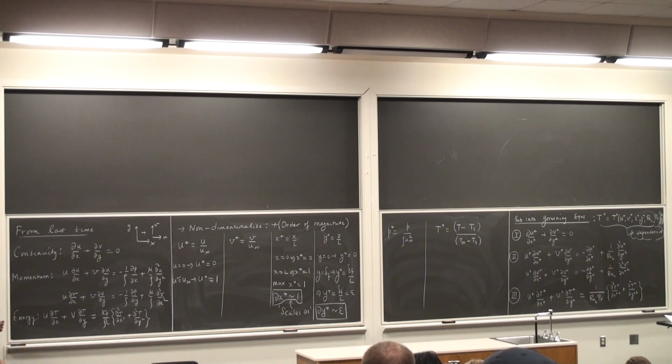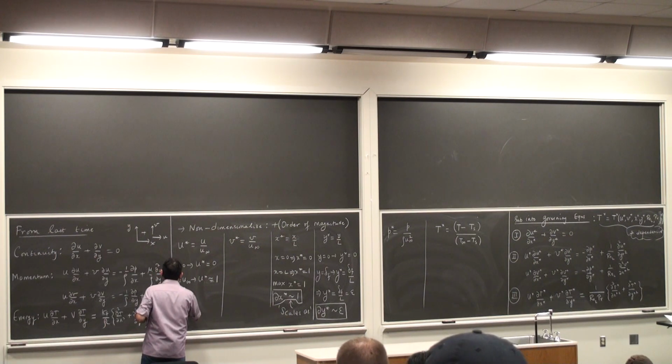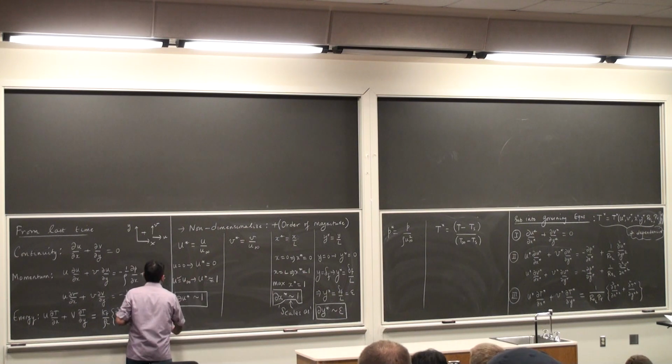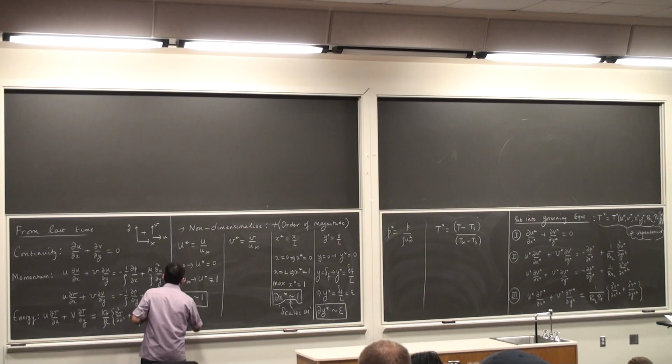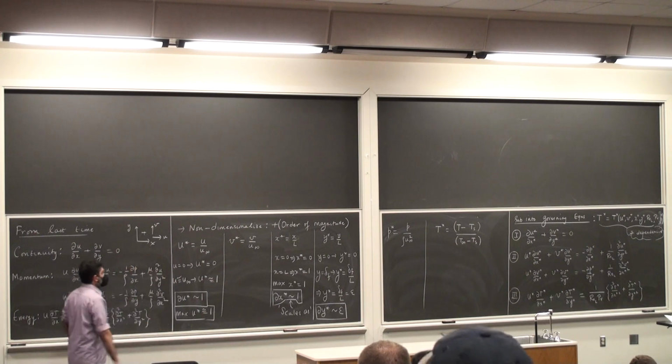Which means d u star, the maximum minus the minimum value, scales as 1. And the maximum u star is approximately 1.